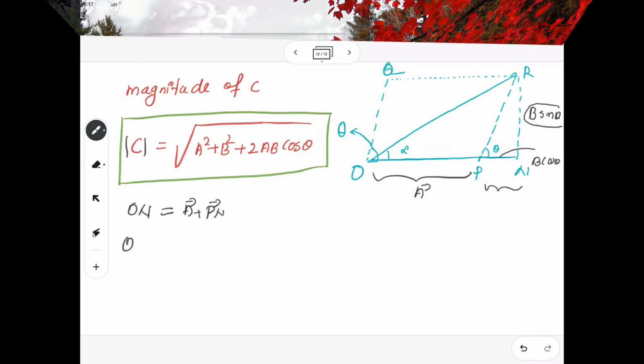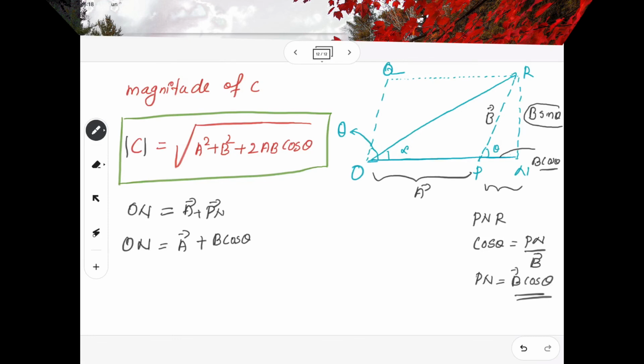Why does this B cos theta come? Because from triangle PNR, cos theta is equal to adjacent side PN by hypotenuse PR. PR is our vector B. So PN equals vector B cos theta. That is what I have written here.